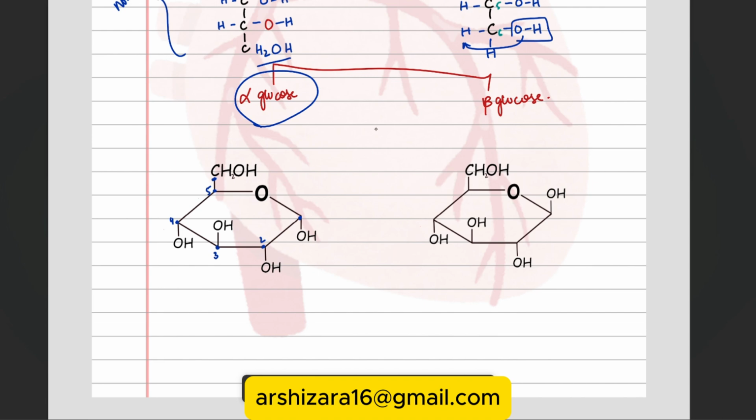This is making a circular, ring-like structure. When we talk about the positioning of the OH group, we say above the ring or below the ring.